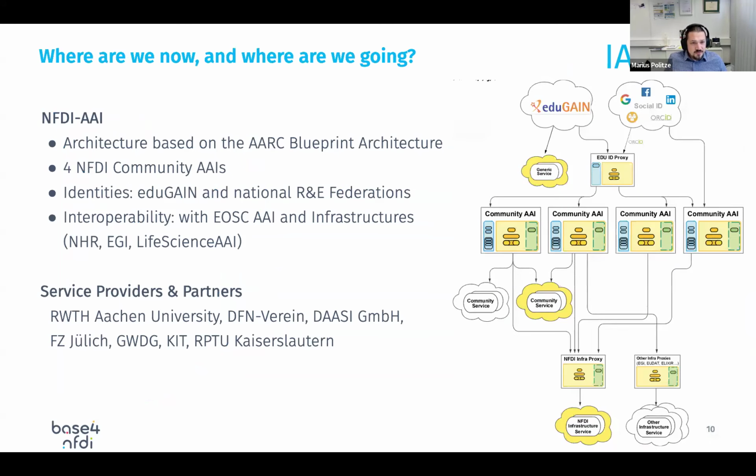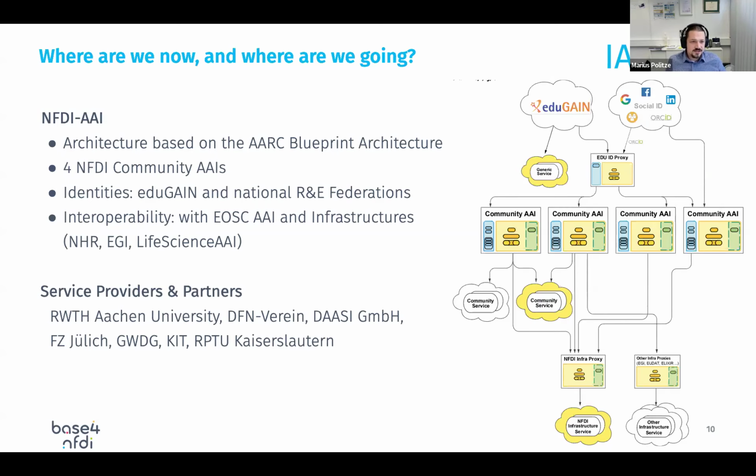So, and yeah, where are we now? So right now we have implemented that blueprint architecture, and don't get confused by all these boxes and arrows. That's just an overview of all the components that we have. If you have questions to that, feel free to contact us so we can explain certain aspects there. In principle, we do have 4 implementations of these community AAIs, which the NFDI consortia should choose from.